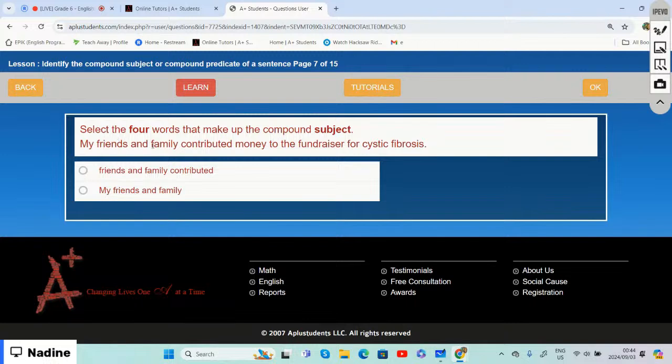And if we were to select the four words that make up a compound subject, we're going to say it's my friends and family.